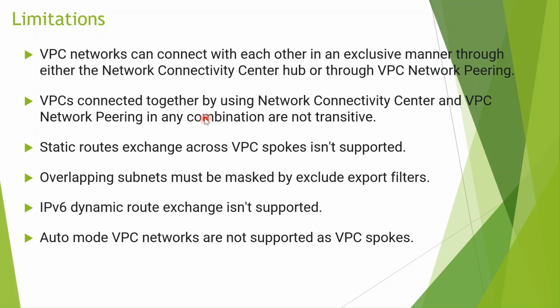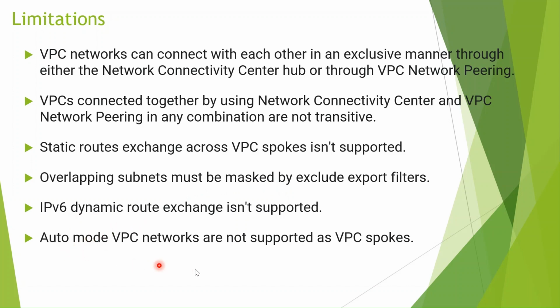You cannot send traffic between them, between NCC and network peering. It is not possible, it is not transitive. And static routes we cannot exchange with the VPC spokes. Overlapping subnets must be masked by exclude export filters, so we cannot share overlapping subnets, and IPv6 dynamic routes are not supported.